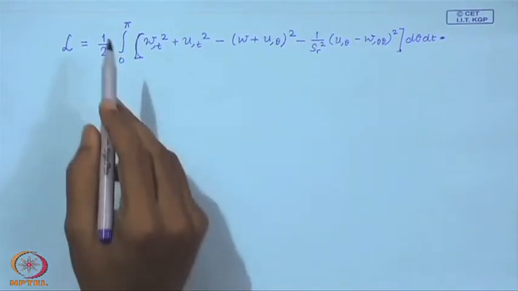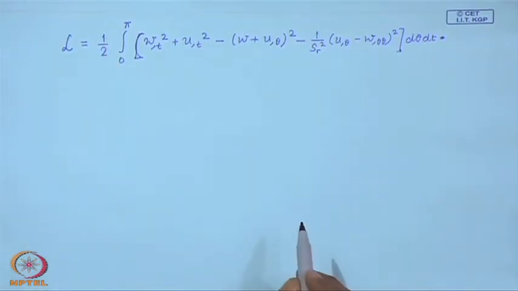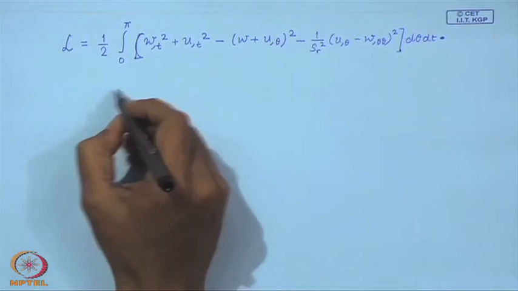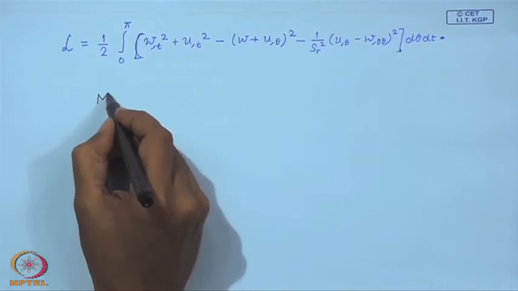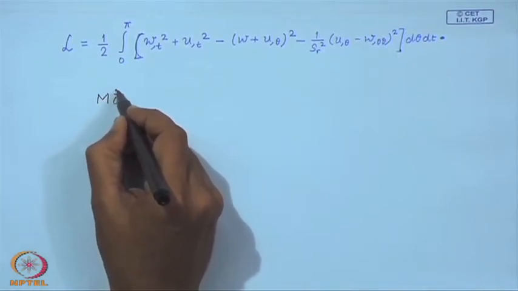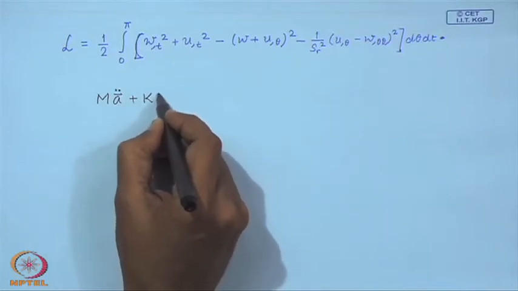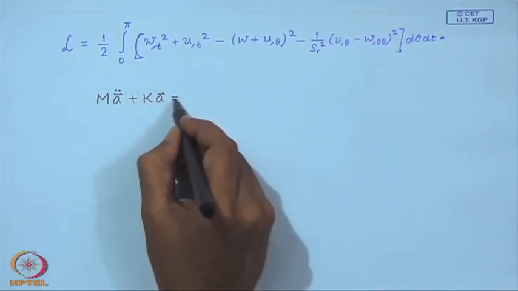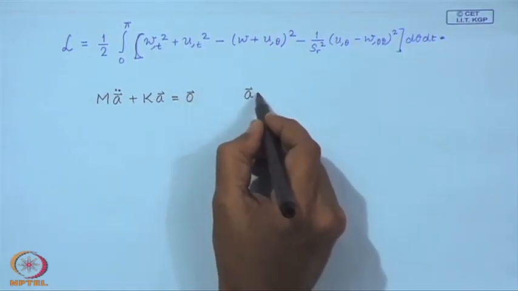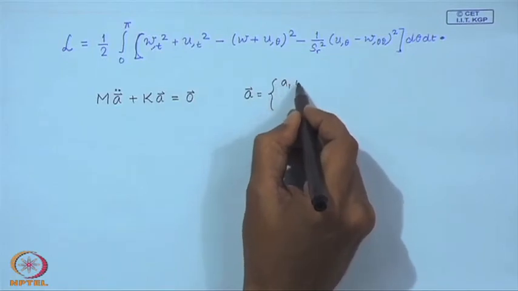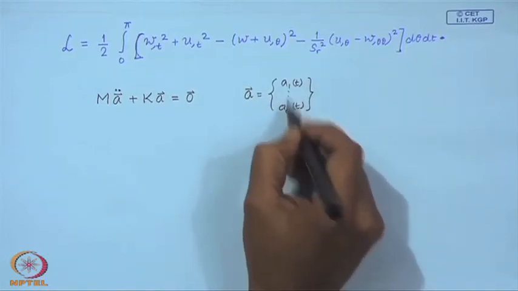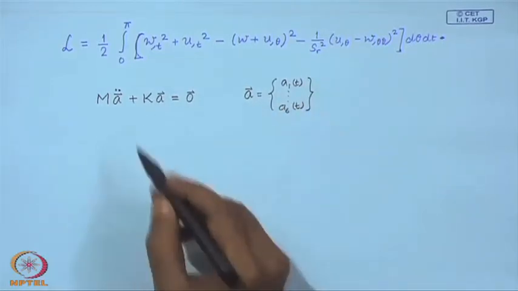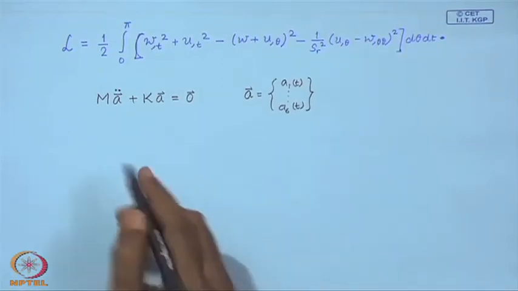We substitute these expansions here and do the integration over theta, and finally, we obtain the discretized equation of motion in terms of these coordinates a, where this vector a is a1 to a6, and we can perform the modal analysis and obtain the circular eigenfrequencies.